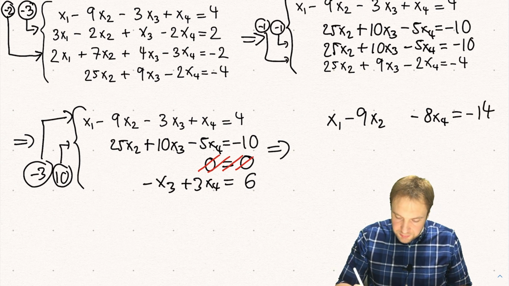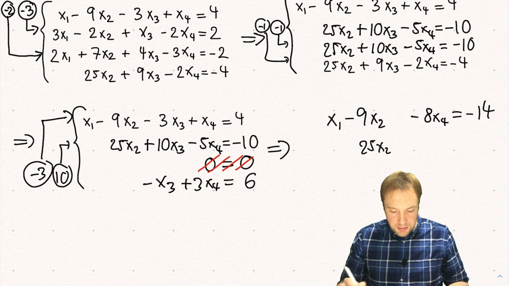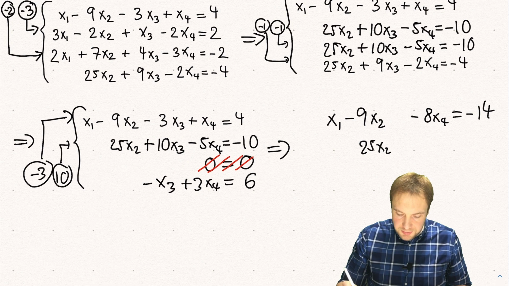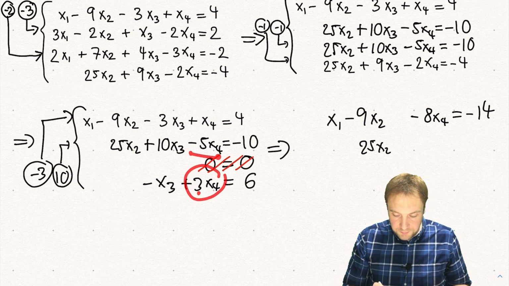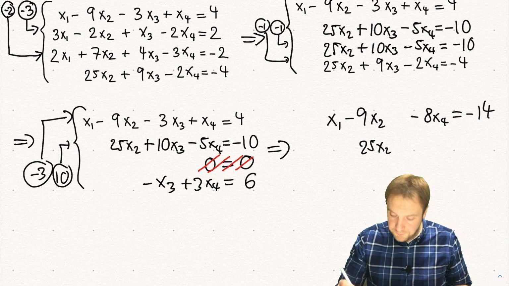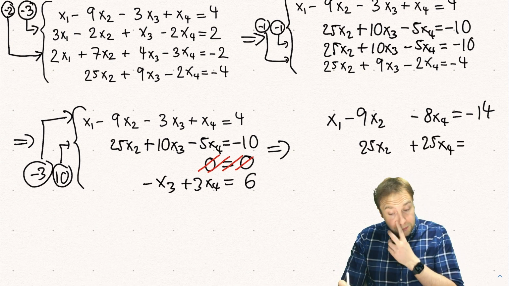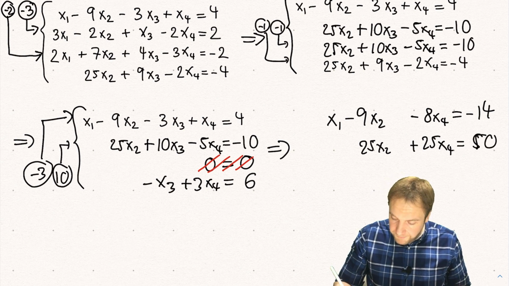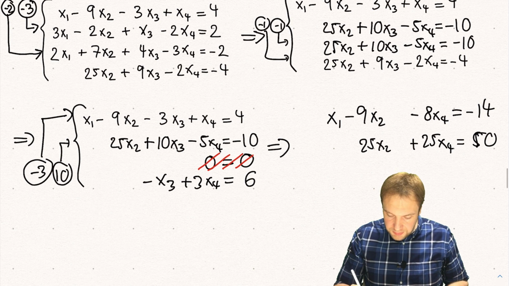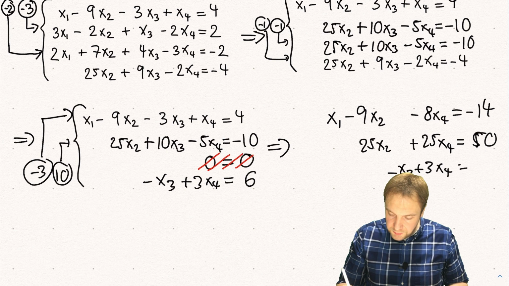And in the second equation, the 25x2 is also still there, because he has no x2. But we got rid of this x3 part here. And here 10 times 3 minus 5 is minus 20, so this is plus 25x4 equals, and then 10 times 6 minus 10, so this is 50. And the last one is the same, which is minus x3 plus 3x4 equals 6.